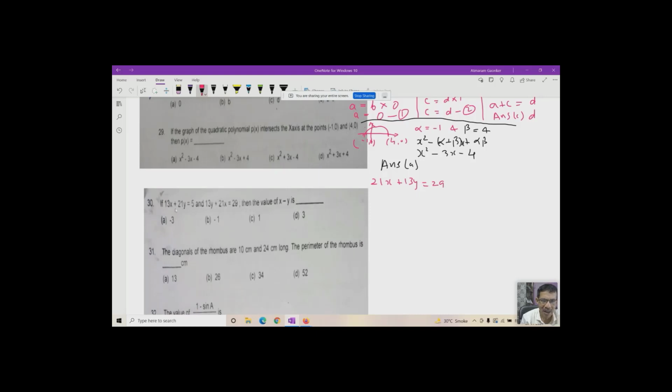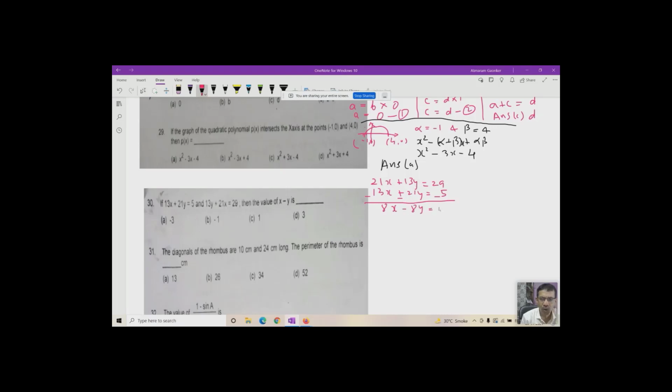This is one equation. Second equation I will write as 13x plus 21y. I have interchanged the equations purposely, I'll tell you why. This is equal to 5. And then what you have to do is subtract. So 21 minus 13 works out to be 8x, and this works out to be minus 8y.